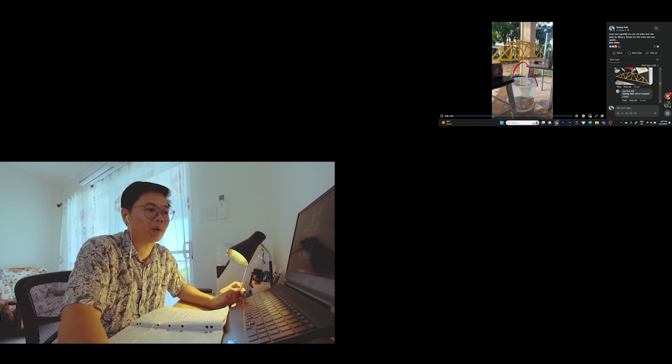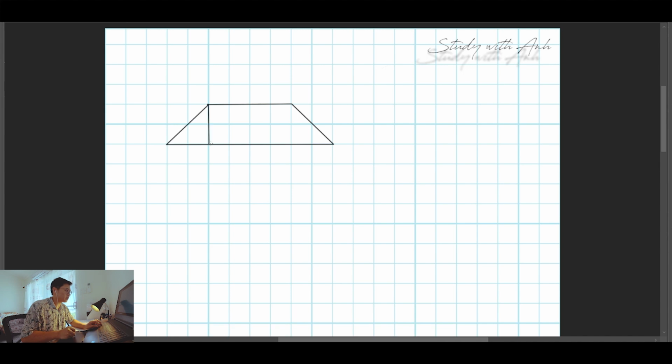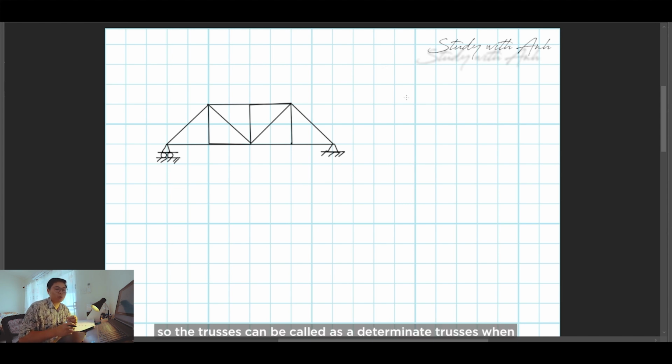That's how trusses work. A truss is a structure, so it can be a determinate structure or indeterminate structure, unstable structure or stable structure. For example, if you have a truss, in here you have a roller support, and in here you have a hinge support. The truss can be called determinate when the number of members plus the number of reactions equals 2 times the number of joints.